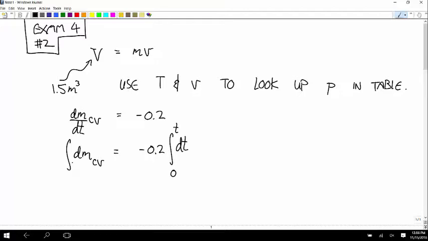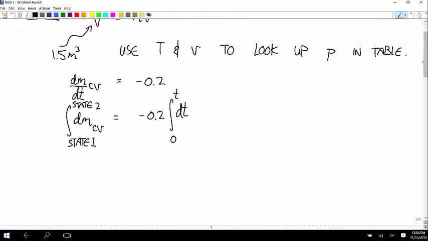So this one is going from state 1 to state 2. And when you integrate this, you're going to get the mass in the control volume. You have to think about what the mass in the control volume is at those two states.